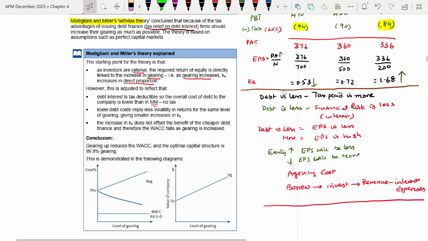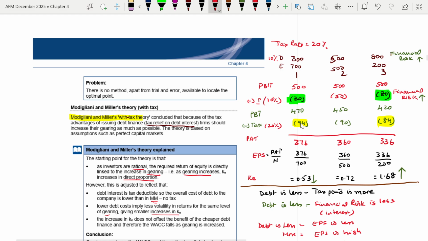They are saying no tax, where there is no tax sector. Lower debt cost implies that the returns for the same level of gearing give a smaller increase in cost of equity. Lower debt cost, less volatility. Debt cost is how much? 30. It gives you cost of equity also less.